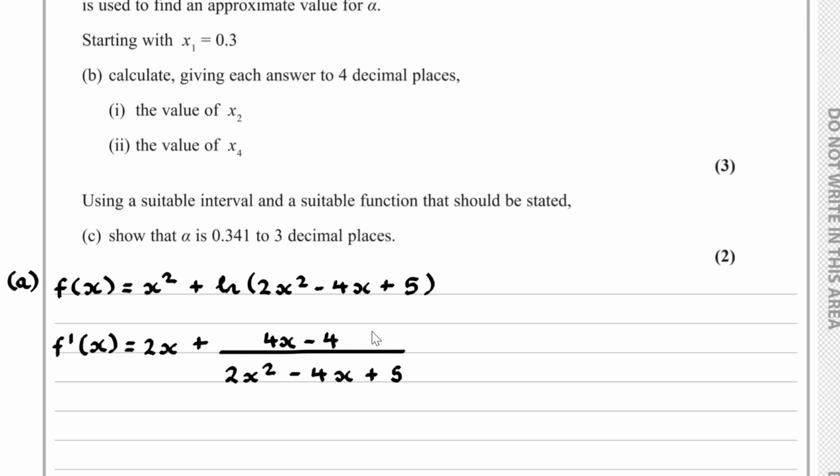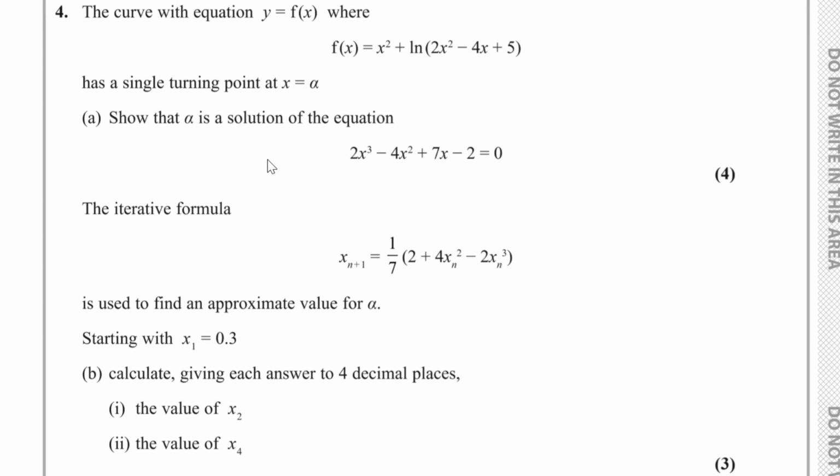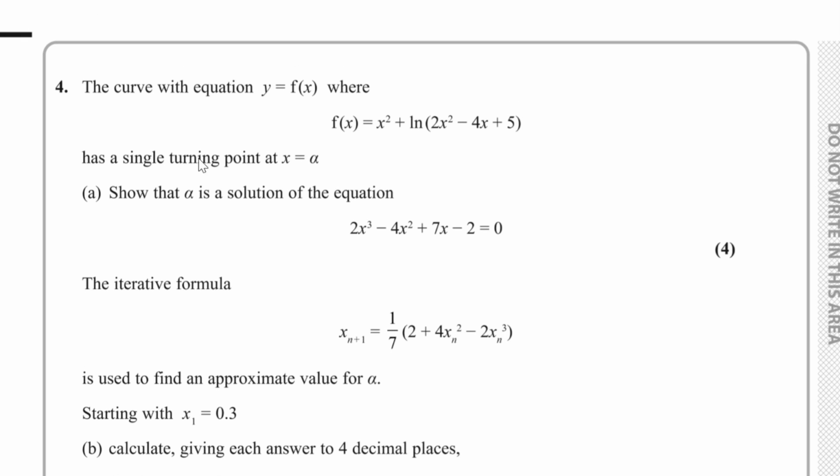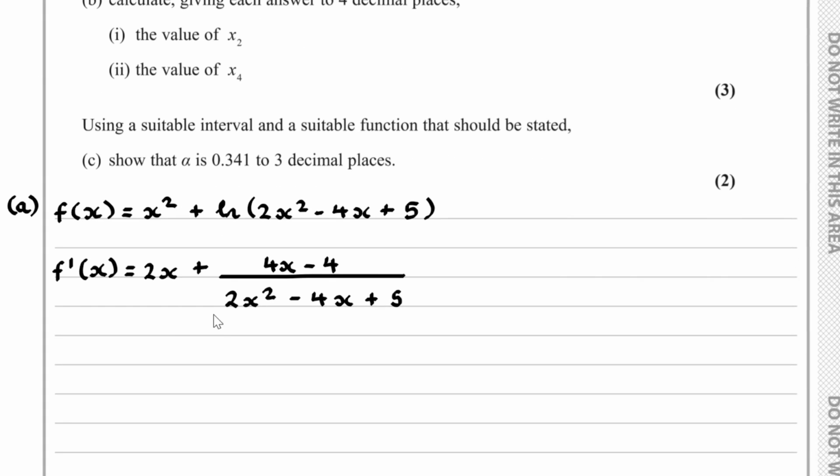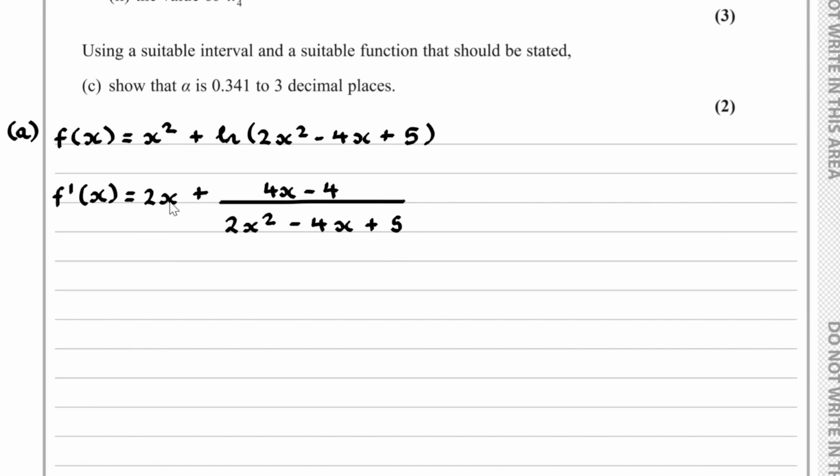Now the reason we had to differentiate is through this statement, single turning point. And we know with a turning point, that would suggest to us f dash of x equals 0. So now what we need to do is set f dash of x equal to 0.